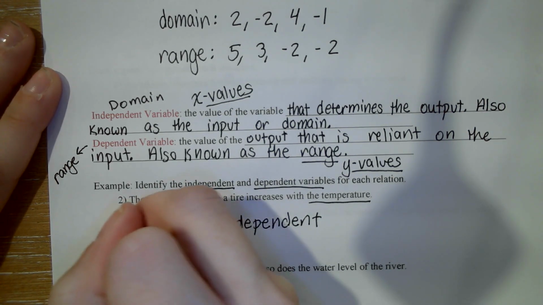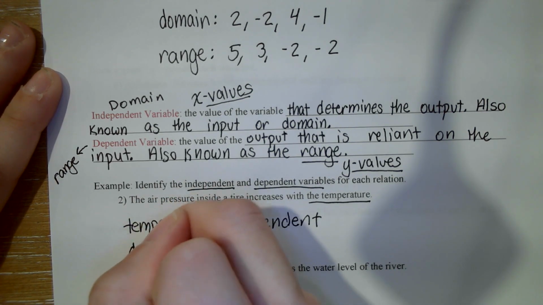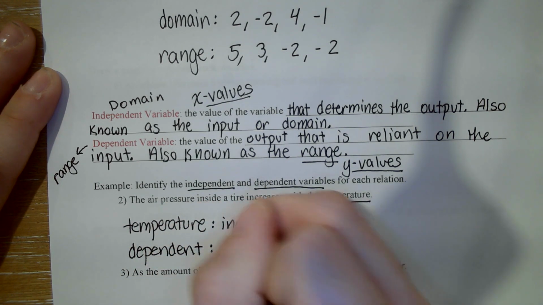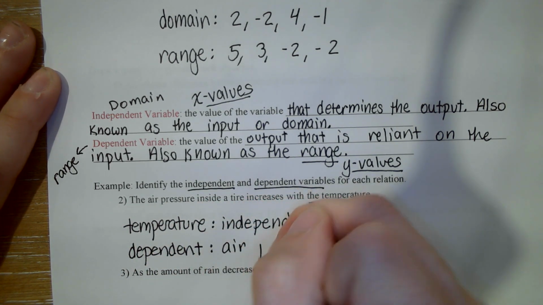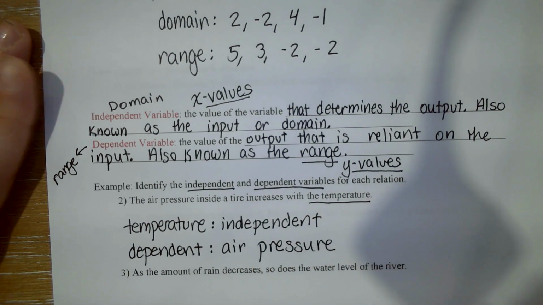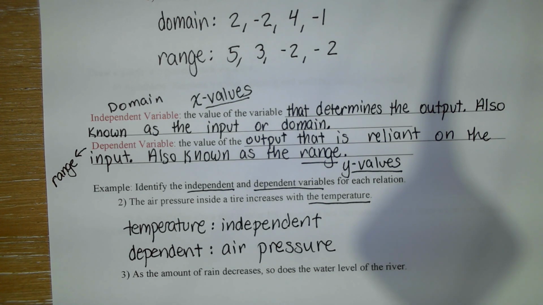So the dependent that is determined by the temperature would be the air pressure in the tire. That air pressure is going to change depending on the temperature outside. This is a true fact. The hotter or colder it is outside depends on how inflated your tire is inside the tire.